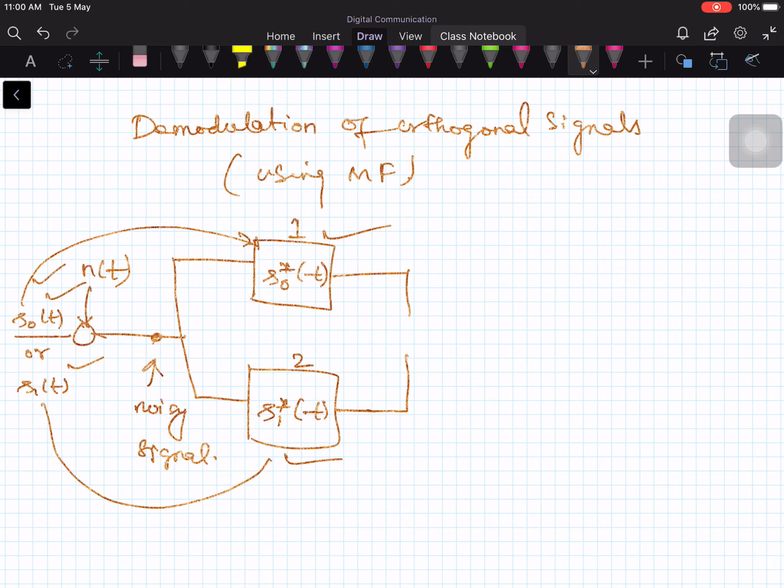We don't know which one is transmitted. Therefore the whole idea of the demodulator is to find out which of these two waveforms was transmitted. That tells me whether a 1 or 0 was transmitted for the binary case.